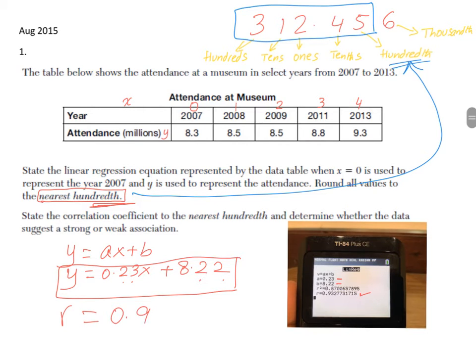It's right here, 0.93. And determine whether the data suggests a strong or weak association. Now, this value is very close to 1. Strong correlation. That's your answer.